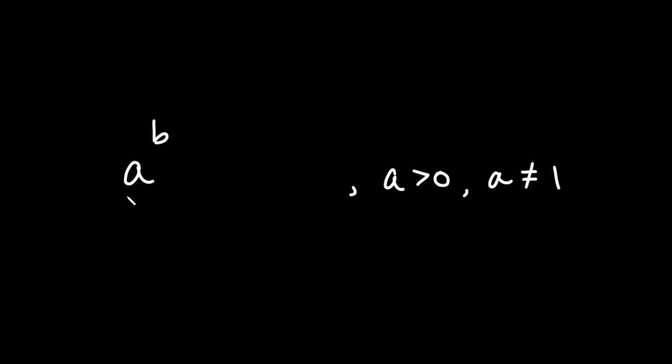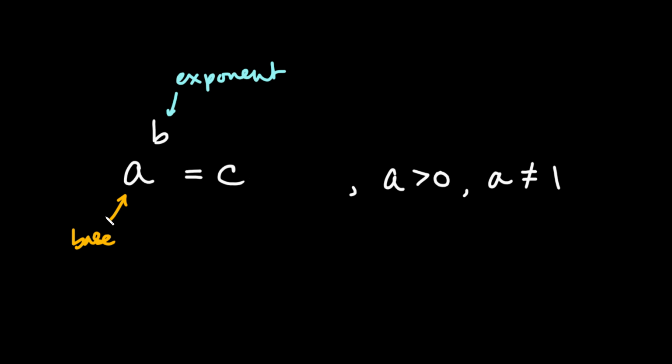So back to the scenario we just set up. Remember that when you raise a number to a power, that number is called the base, and the power is called the exponent. Okay, now let's say whatever a raised to the b power is, we'll just call it c.